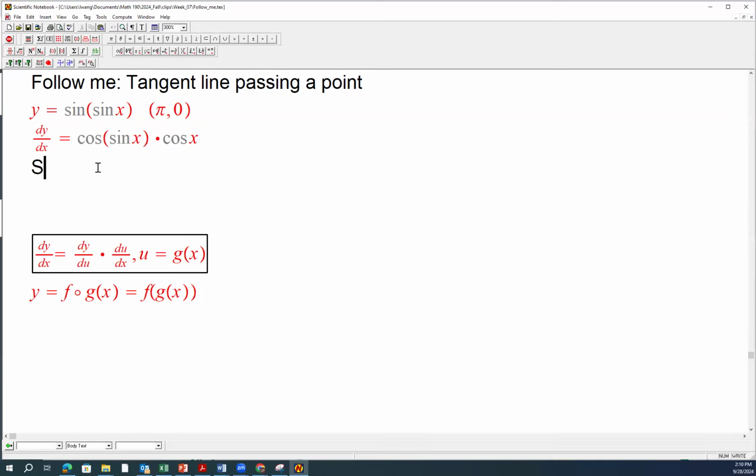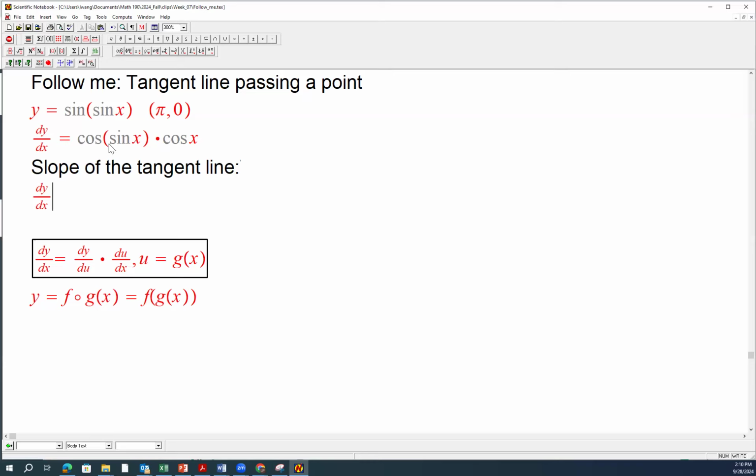Slope of the tangent line, right? Once again, we are going to evaluate when x equals pi. x equals pi, right? And that will be plugging in here, right?